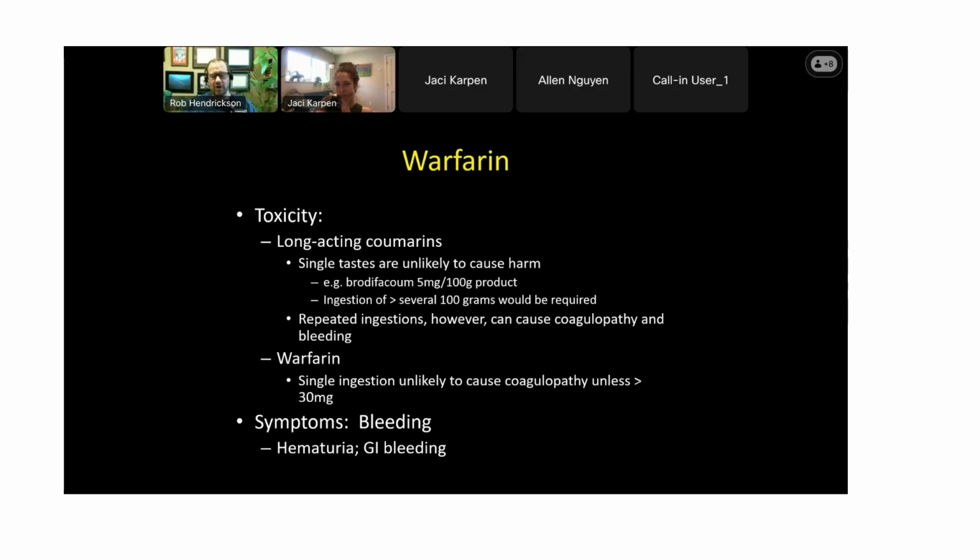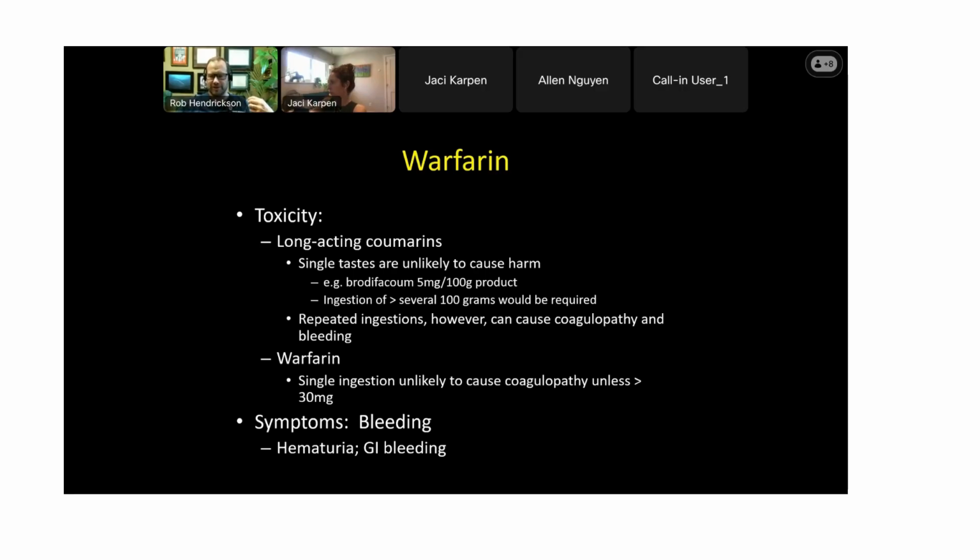INR. One note, if this comes up in a clinical scenario: the most common cause of bleeding after long-acting coumadins is hematuria. GI bleeding is much less common. This came up when there were long-acting coumadins found in drugs of abuse, and the patients coming to the emergency department were coming not for any other reason, but because they had hematuria.